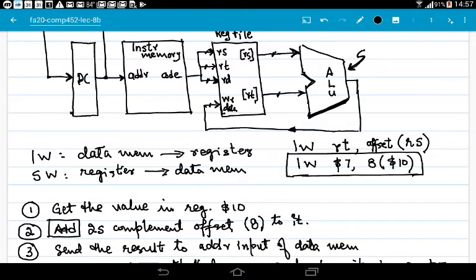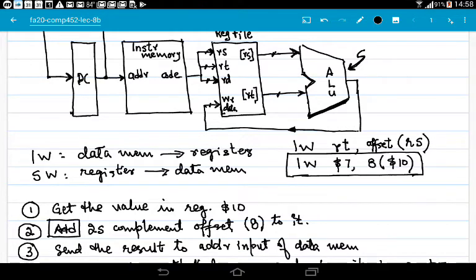The value stored in RS will be coming to the upper input of the ALU, but this offset should be coming to the lower input of the ALU.